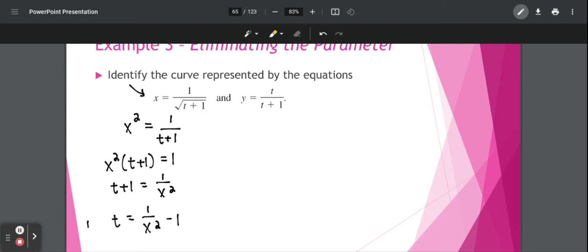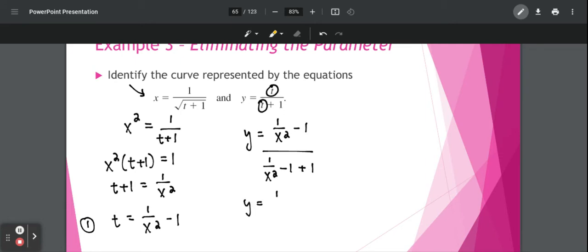So that's kind of that first step, solve for t. Now remember, your second step was to substitute that in to the other equation for all of the t values. So we could say then that y equals 1 over x squared minus 1 over 1 over x squared minus 1 plus 1.